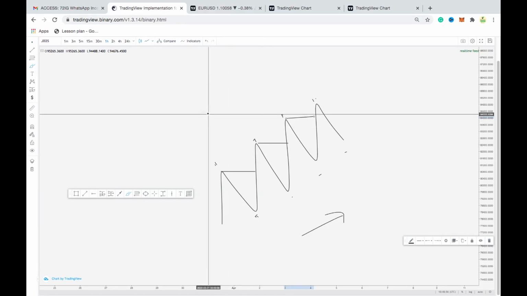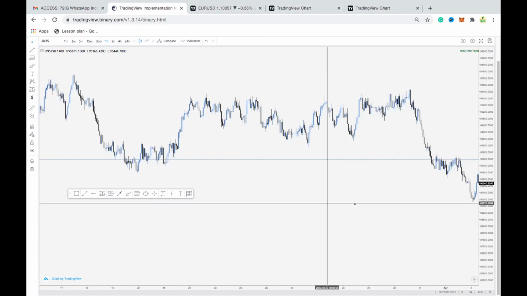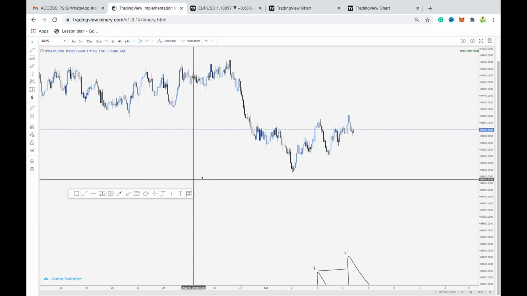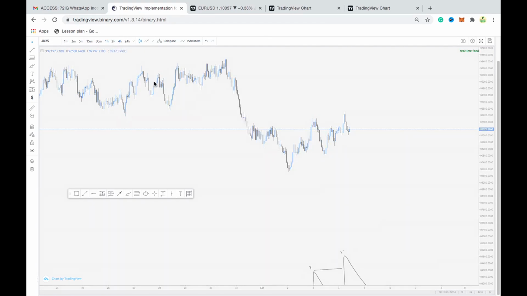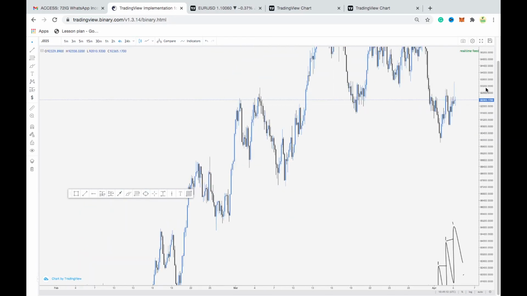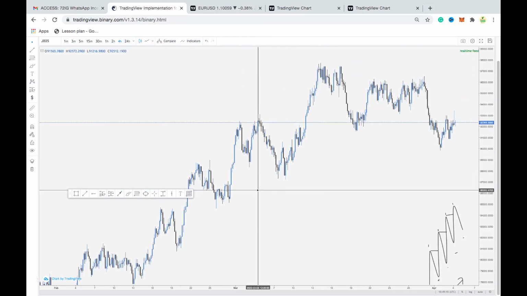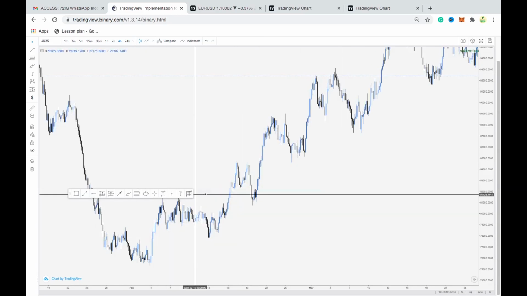Now, for instance, let me show you guys, let me go straight to the chart. This is the 1 hour time frame right now, so I'm just going to go to the 4 hours time frame. So on this 4 hours time frame, you can see that this market is in an uptrend.